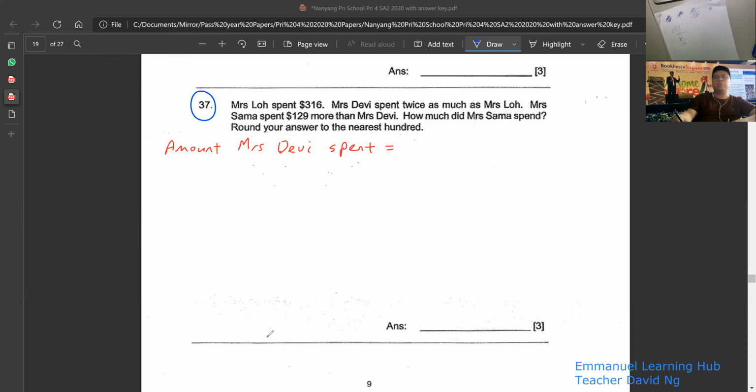How to find the amount Mrs. Devi spent? You can find straight away, right? How to find? 316 times 2. Yes.